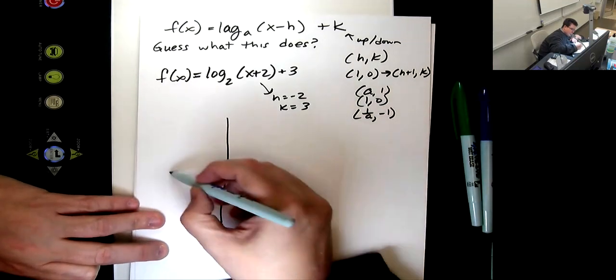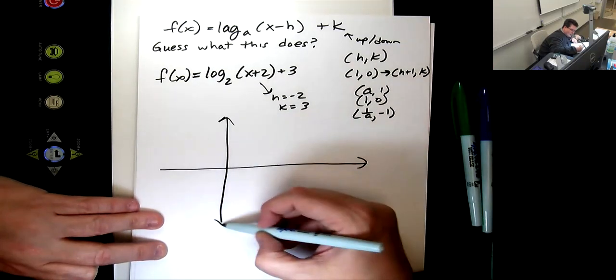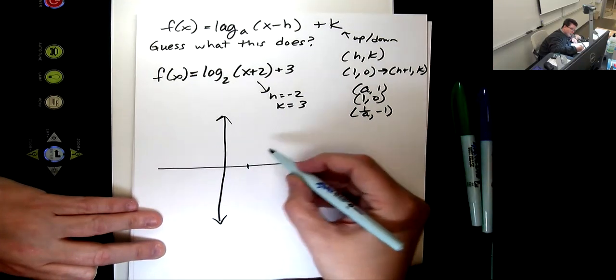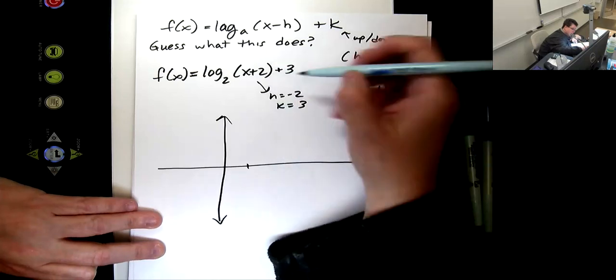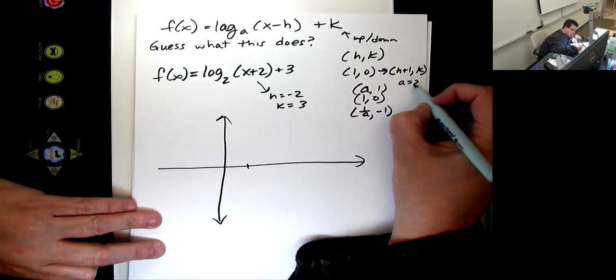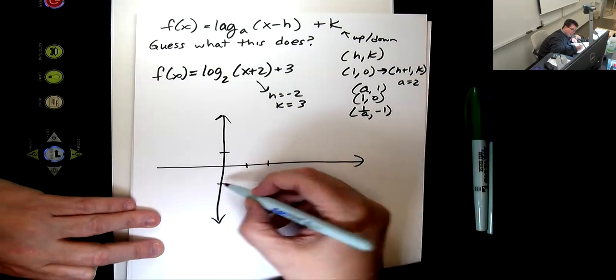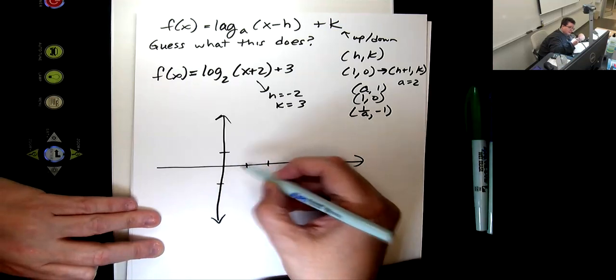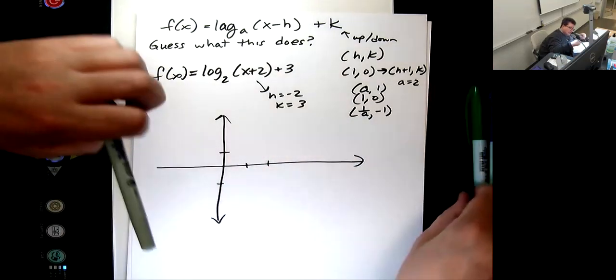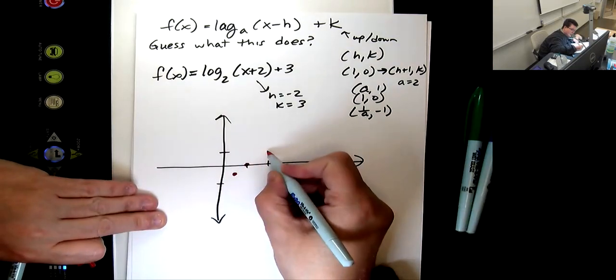So I'm going to just plot those points, not draw the line. And a here is 2. So this is 2 comma 1, and 1/2 comma negative 1. I would have a point here, here, and here.